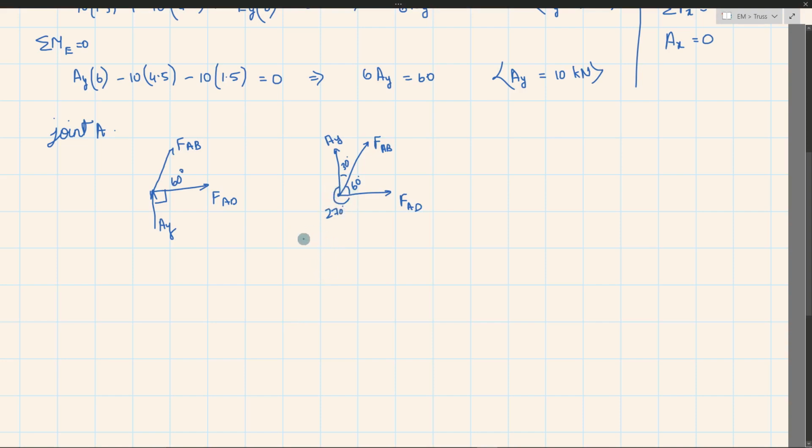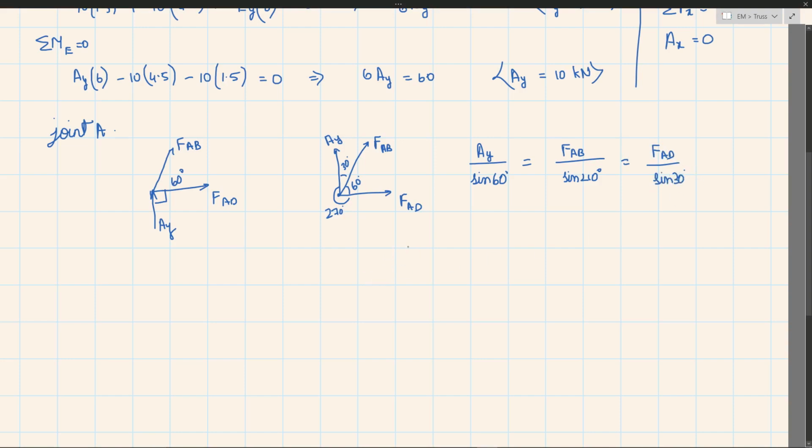Okay, so according to Lami's theorem, I'll have AY divided by the sine of the angle between the other two forces, that is sine 60 degree, is equal to FAB divided by sine of 210 degree, is equal to FAD divided by sine 30 degree.